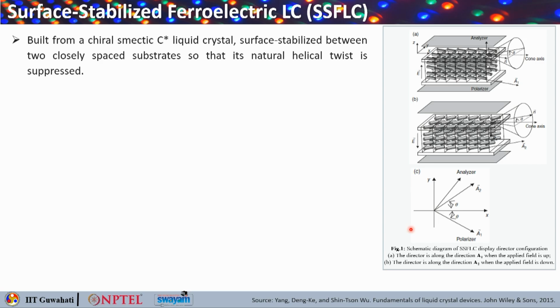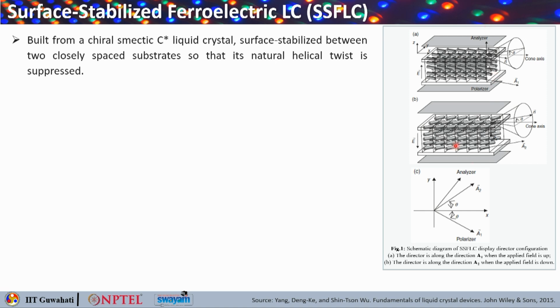Here you see the schematic of an SSFLC display director configuration. In the first figure, the director is along the direction A1, when the field is applied up.